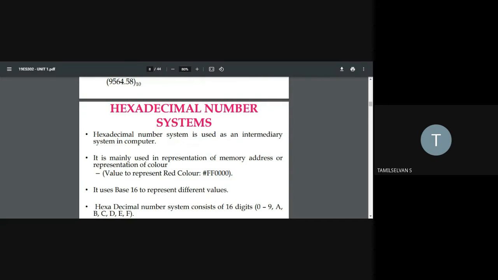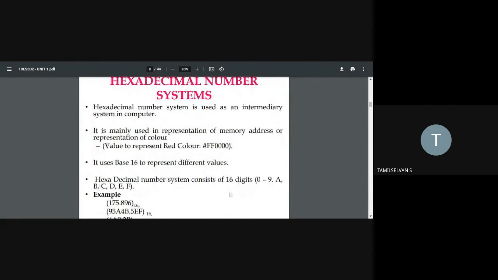The hexadecimal number system is basically used as an intermediate number system in a computer. It is mainly used to represent memory addresses as well as color values. For example, hash FF0000 denotes the red color by default.